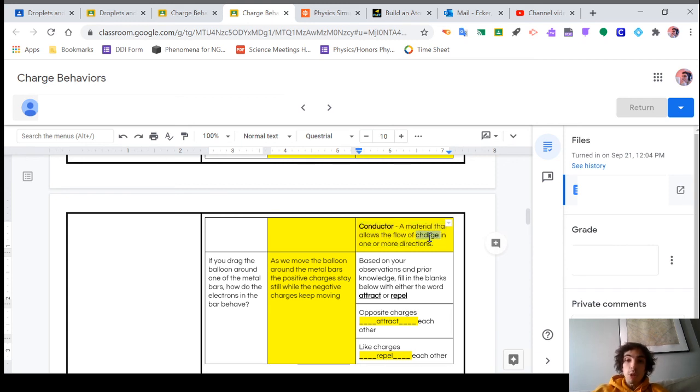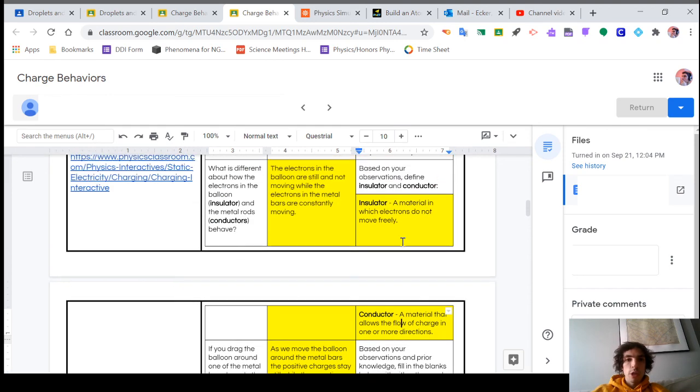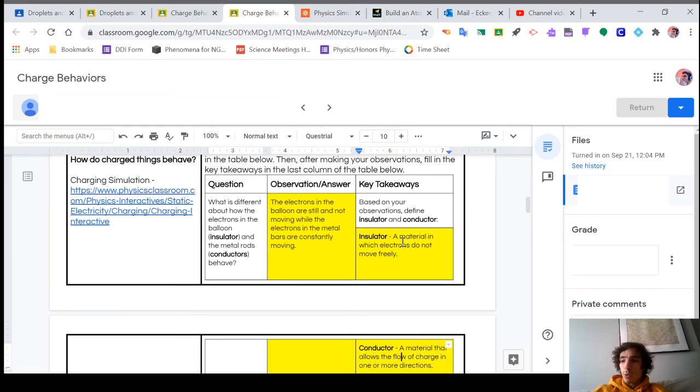And usually, pretty much always, we'll say always for now, that charge is in the form of electron flow. So those are, again, our three earliest big concepts that we talked about in class: the structure of atoms, what it means for things to be charged as an imbalance between protons and electrons, and finally that difference between insulators and conductors that you all have been building up in your groups in your breakout rooms.